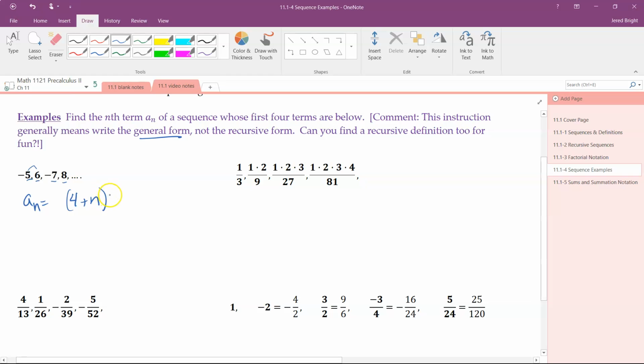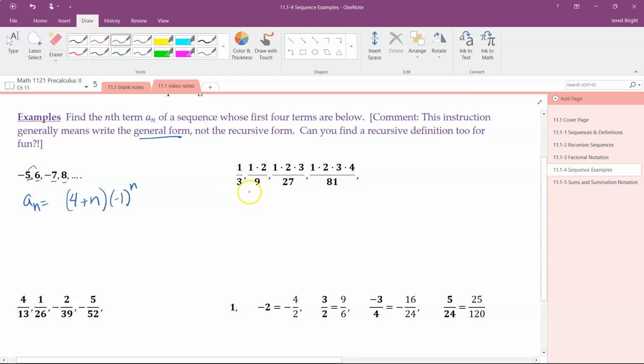Remember that alternating factor we discussed at the end of the first video? You might need to go back and rewatch that, but to get the terms to alternate, we need to have that (-1) to the n in there. So I think this is going to produce what we needed. If you want to check, I'd say certainly do it.